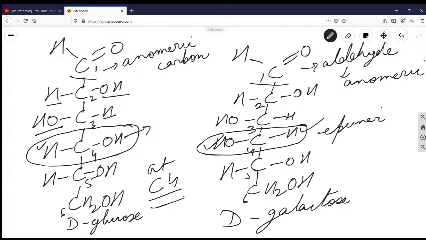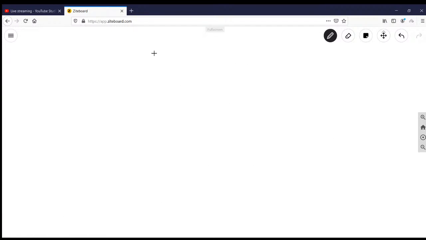So the thing is, first let's draw a specific glucose molecule only, and let me show you what I mean. I can write this CHO group, the first carbon, C1 in short.